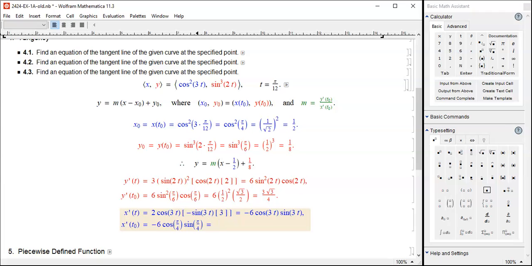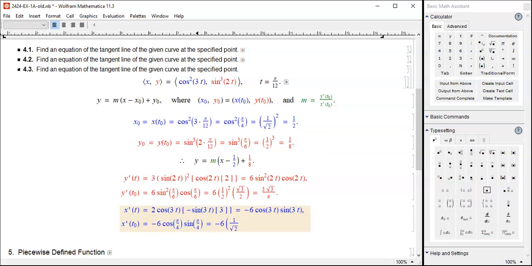And let's complete this computation. Negative 6 times, what is cosine of pi over 4? 1 over square root of 2, or equivalently square root of 2 over 2. Sine of pi over 4, again the same thing. And what is this? Square root of 2 times another square root of 2, so it's 2, so it's negative 3. Okay, 6 divided by 2, so yeah, that's right.